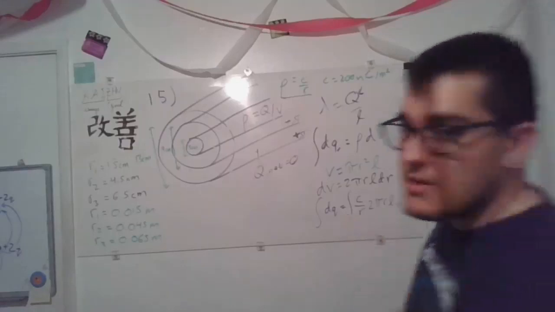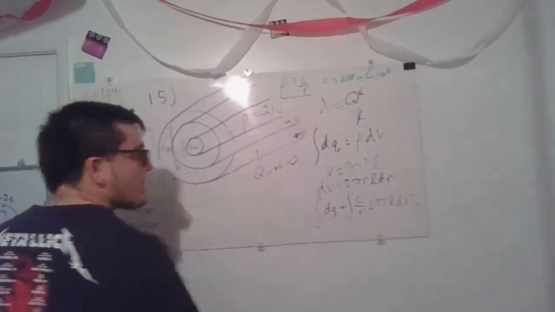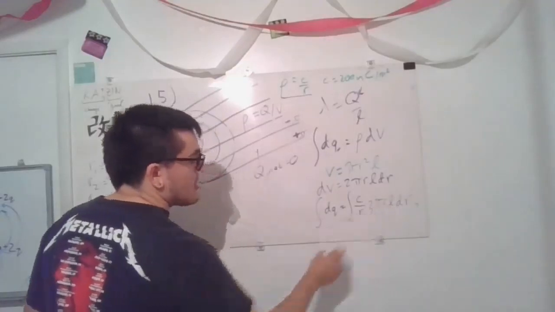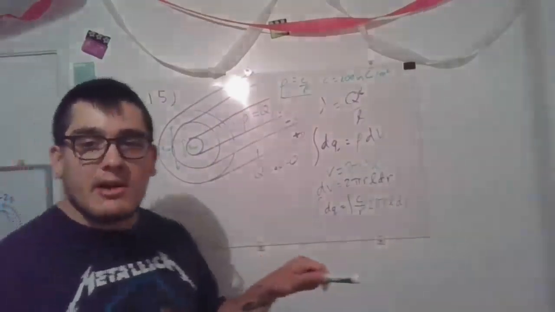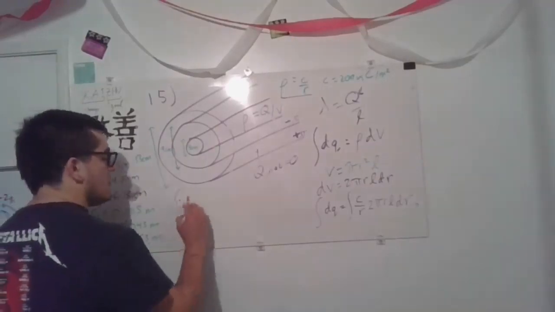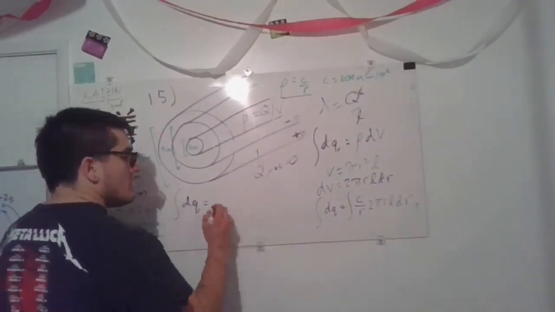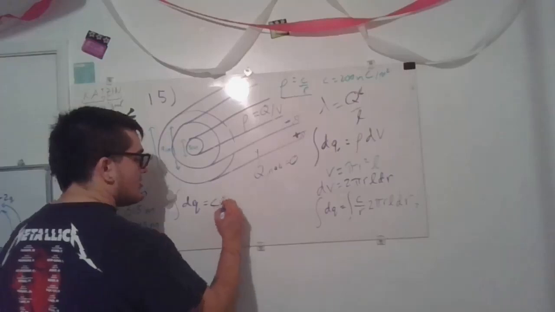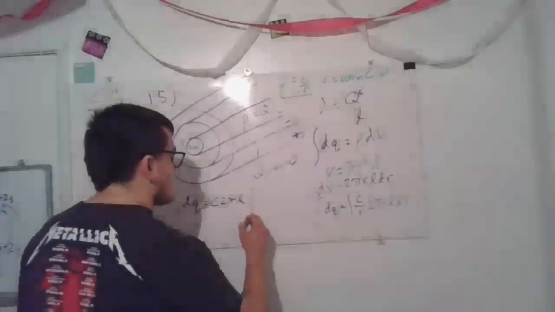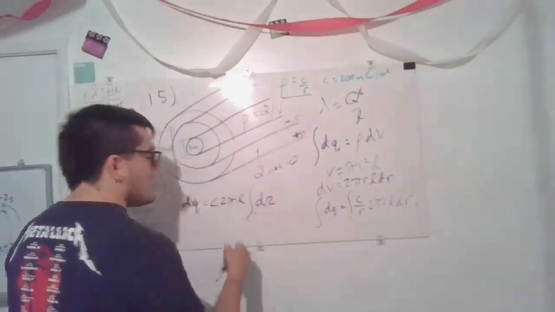Now identify what's constant here. C is constant, 2 pi, L is constant, r is not constant, but you have r divided by r, so it cancels. So integral of dq is, I'm going to take out the C, the 2, the pi, the L, and I'm going to just have dr.